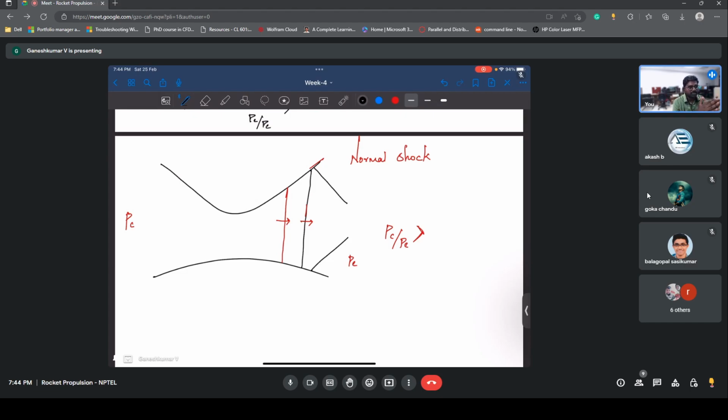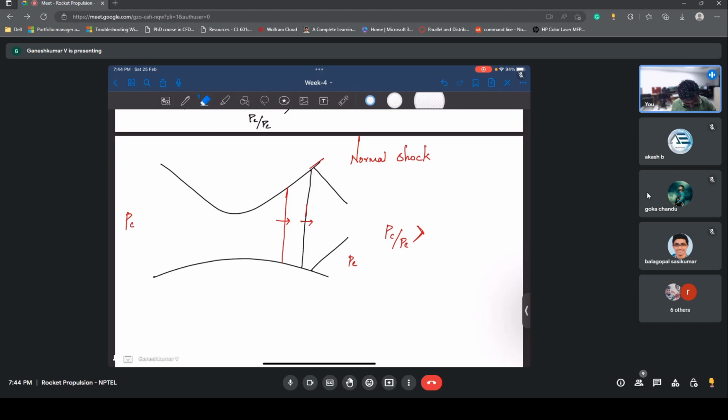Oblique shocks require a smaller pressure gradient than the normal shock. In a normal shock there is going to be a very high pressure gradient. So as you keep on reducing the back pressure, there won't be enough pressure gradient to withstand the normal shock, which becomes an oblique shock. Oblique shock means it's a slanted curve.